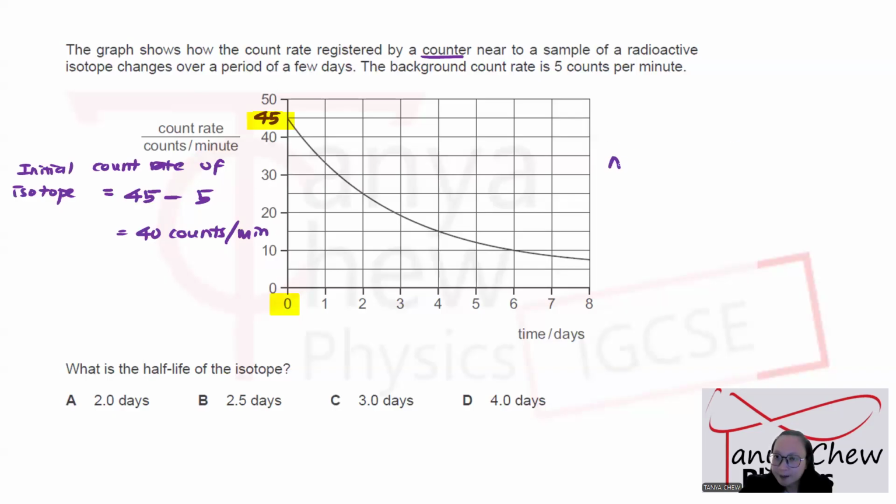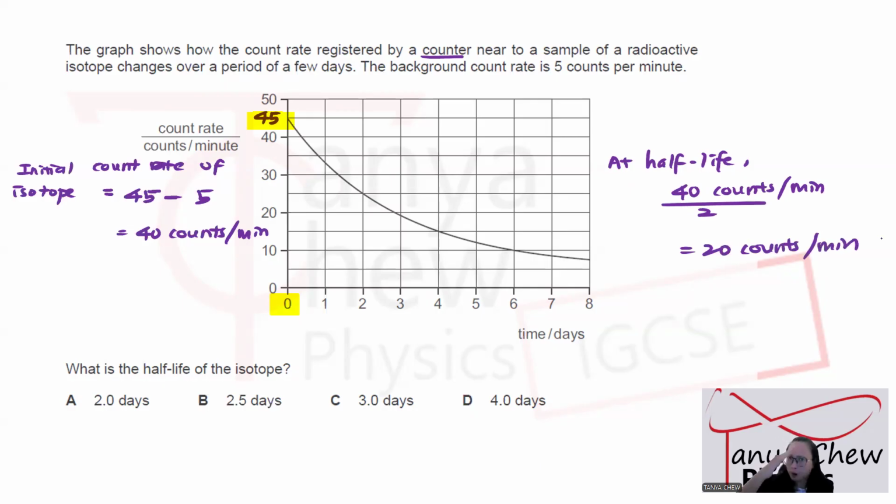And after that, step by step, at half-life, what happened? The count rate of the isotope, which is 40 counts per minute, must be halved. So you divide by 2, so you get 20 counts per minute.